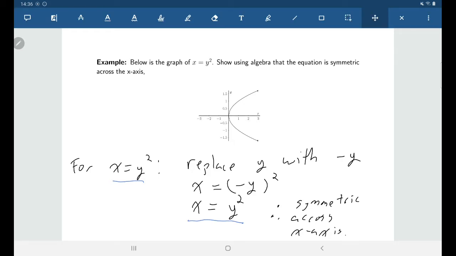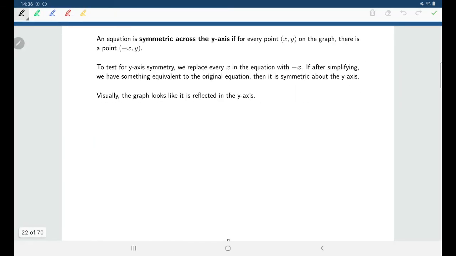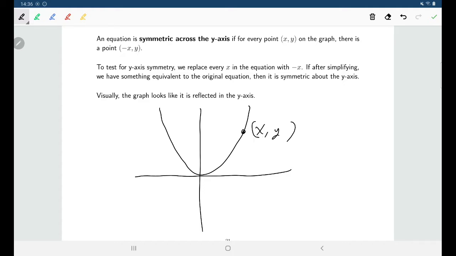We can say the same sort of thing about symmetry across the y-axis. If we're symmetric across the y-axis, so imagine something looking like this, then for any xy point on the graph, you would have one with the same y value, but with the opposite sign for the x value.